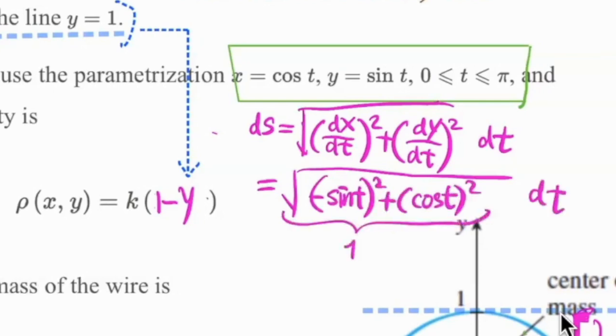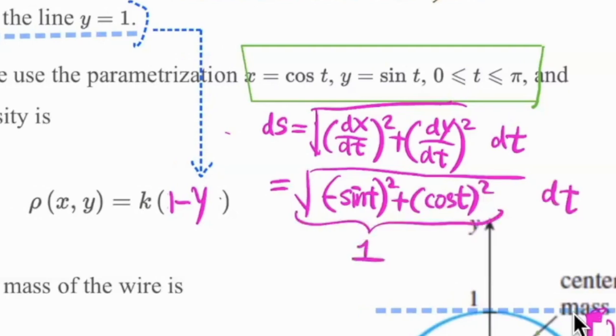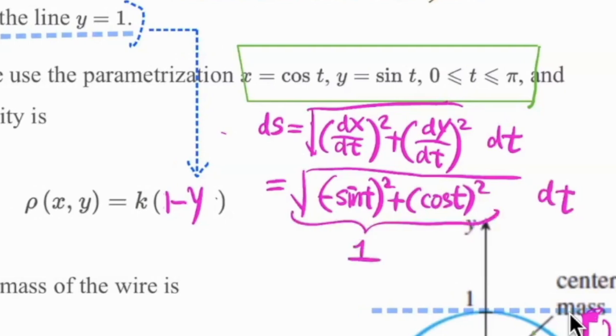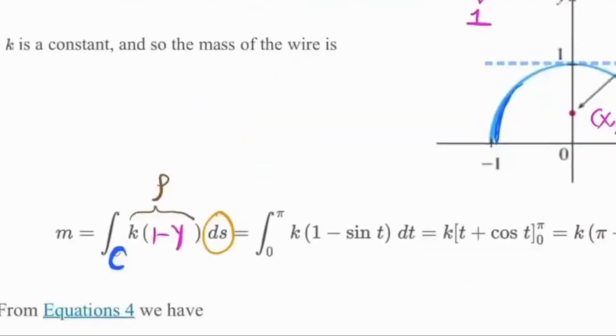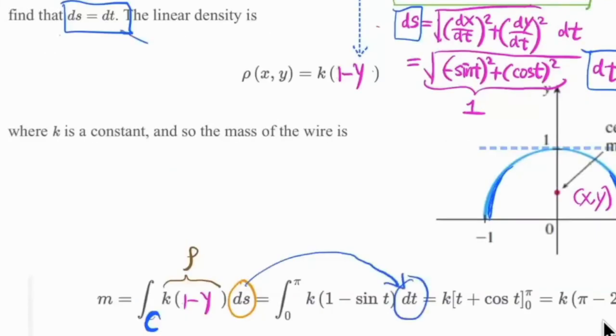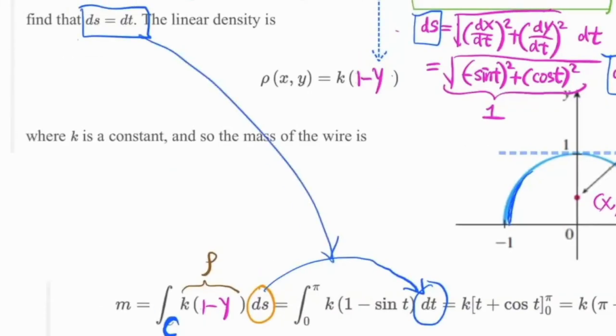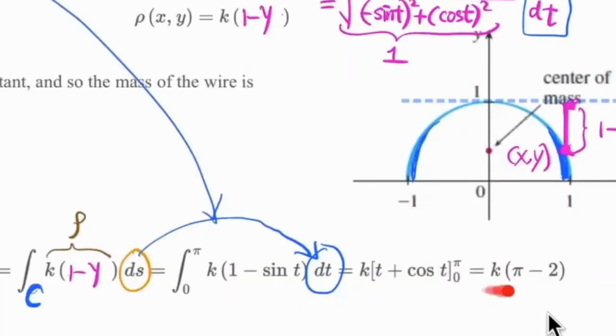But this part sums up to 1 by the trig identity. So ds is equal to dt. Now you can just replace the ds here by dt. And then you just do the calculation of the antiderivative, and you should get this result.